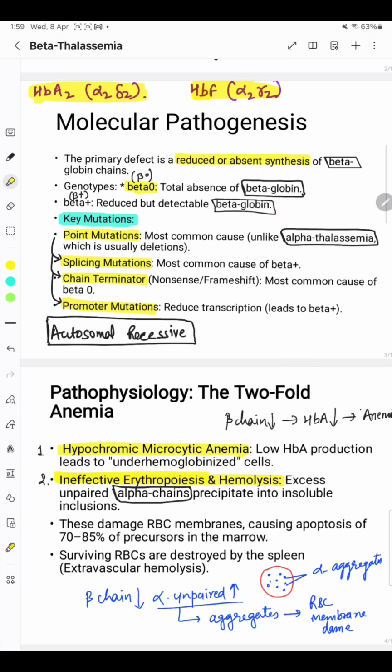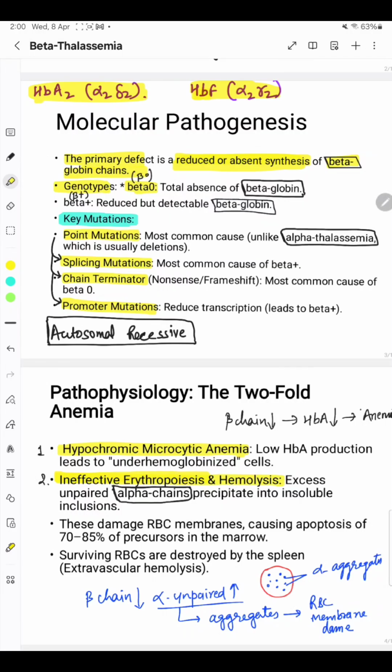Now we will see the molecular pathogenesis of beta thalassemia. The primary defect is reduced or absent synthesis of the beta globin chains. There are two types of genotypes that we are going to use again and again.